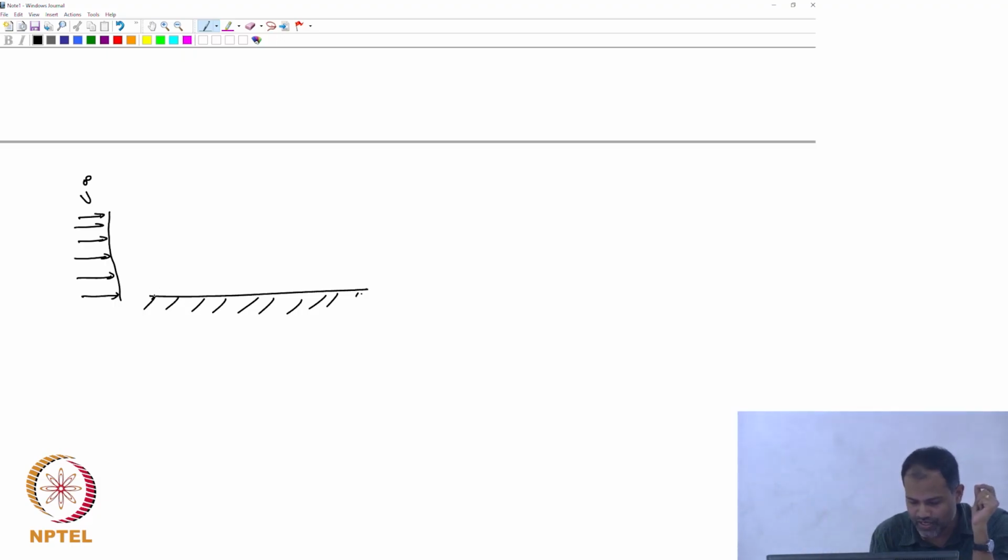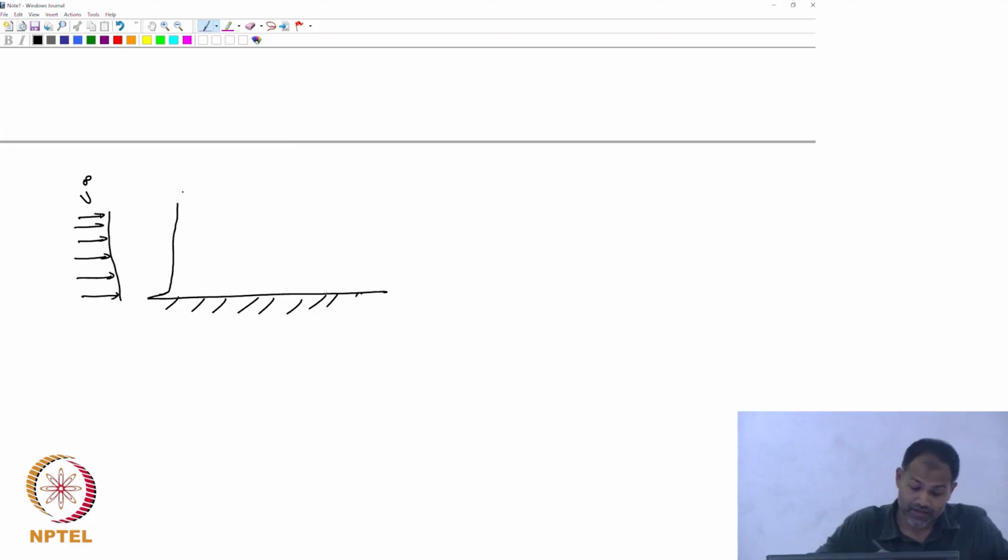If I draw the velocity, up to here the velocity profile was flat, or vertical. As soon as it touches, there will be a small region where velocity would be affected so much, and immediately after that it will regain its u infinity.